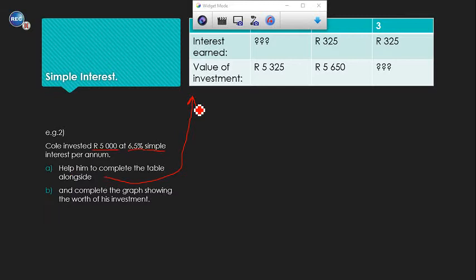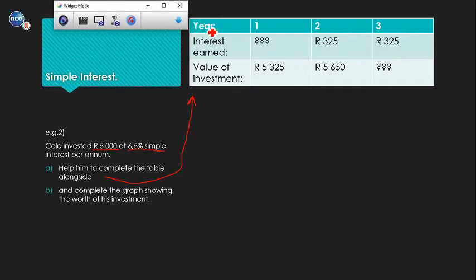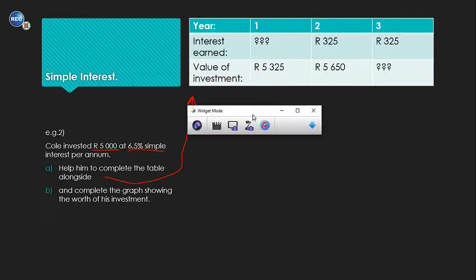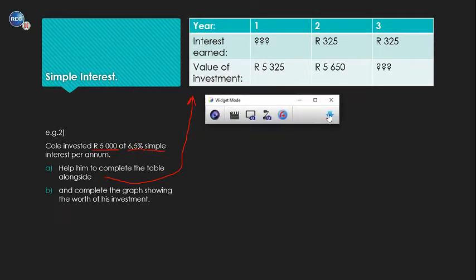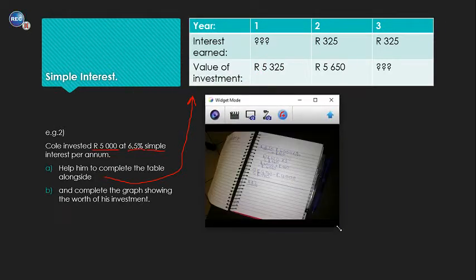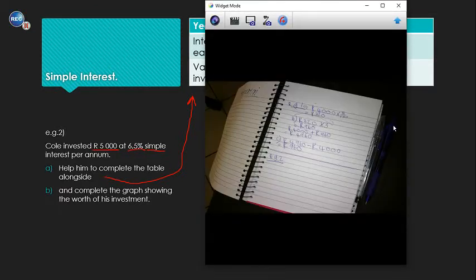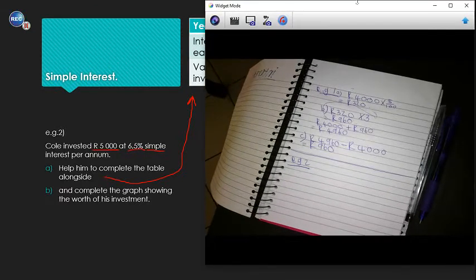So if we look at example 2, we are going to see the question says over here, year 1, 2, and 3. So in other words, if the value of the investment is 5,325 Rands after year 1, we will now need to make sure that we just very, very quickly calculate how much interest there was.